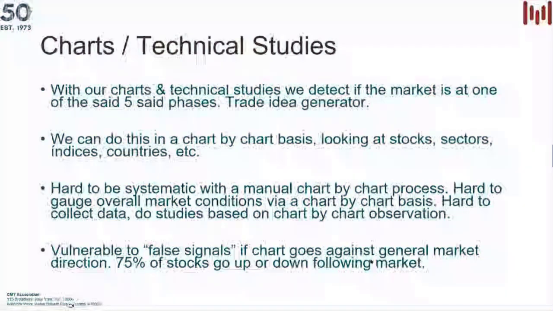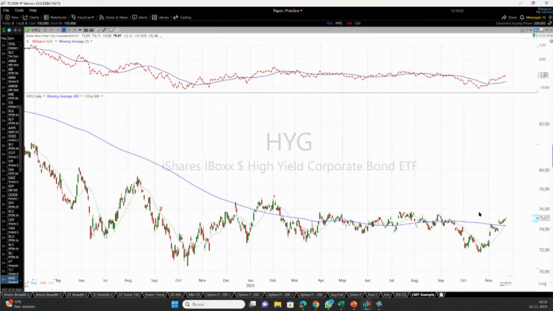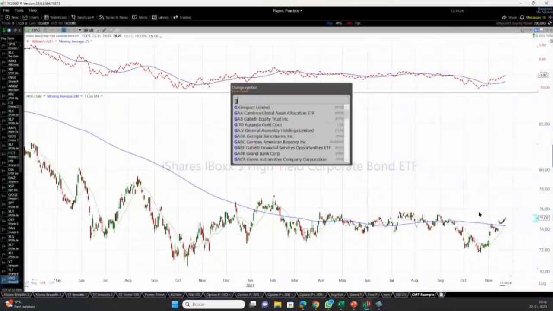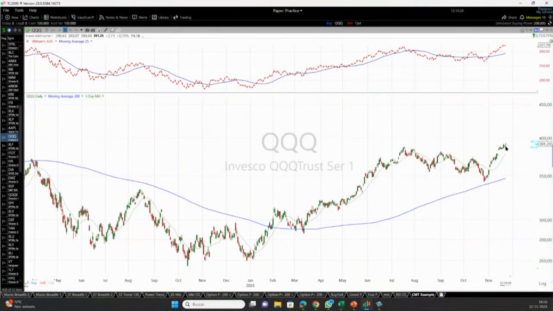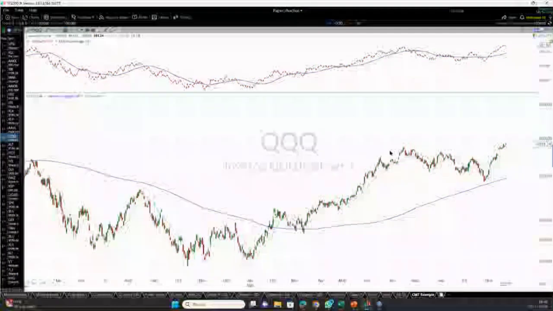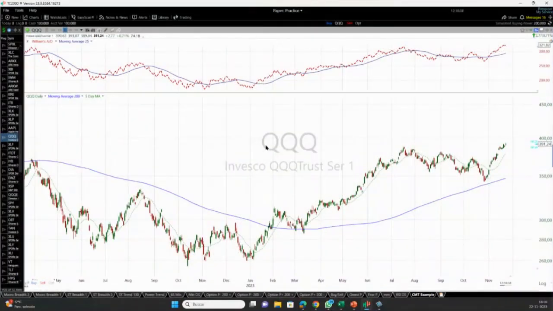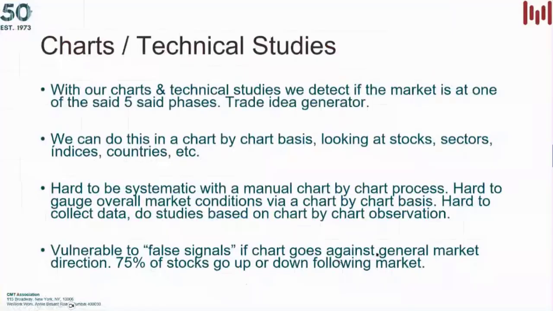Because maybe you've got a great chart, just look at the Nasdaq. You've got a great chart, it's breaking out, but most of the other charts are not doing that. Actually, they're turning bearish, so you're going to go against the flow of the general market, and what probably will happen is that you'll trade a false signal.